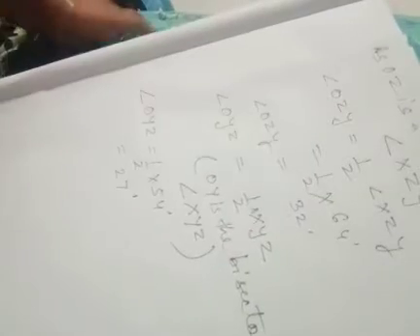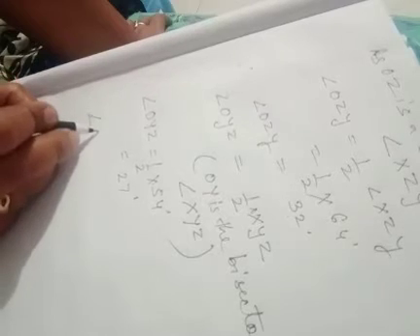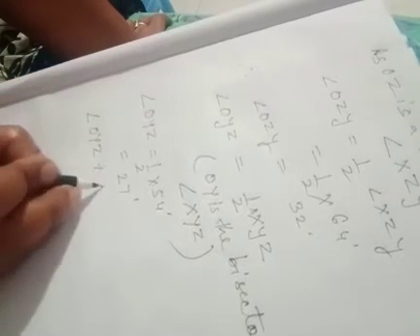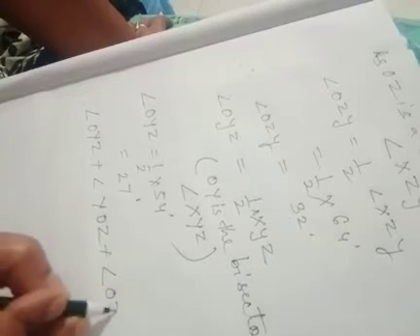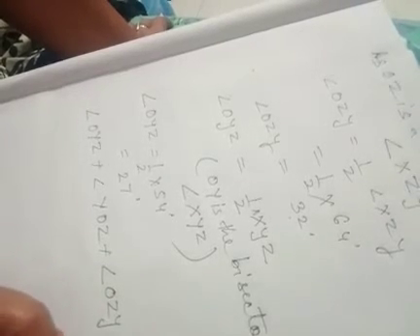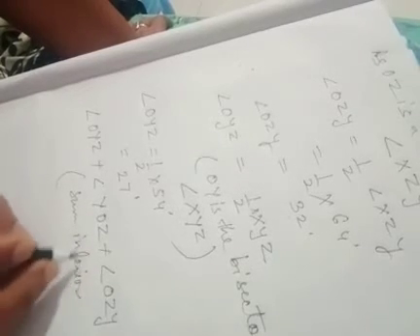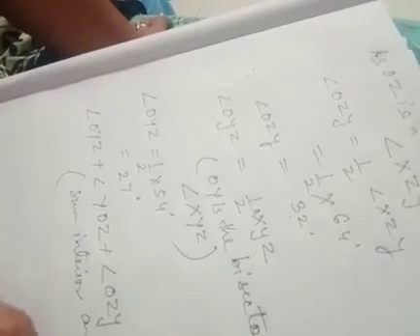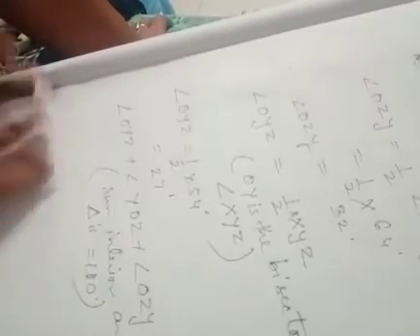Now from the property of the triangle we know that angle OYZ plus angle YOZ plus angle OZY is equal to 180 degree. Write down again, sum of interior angles of a triangle is equal to 180 degree. Okay.